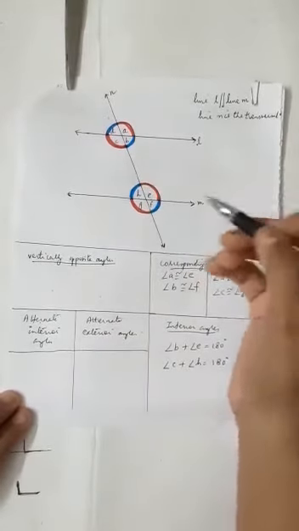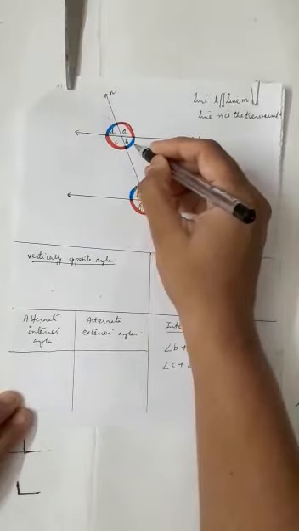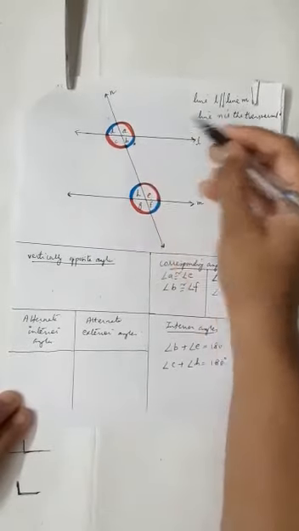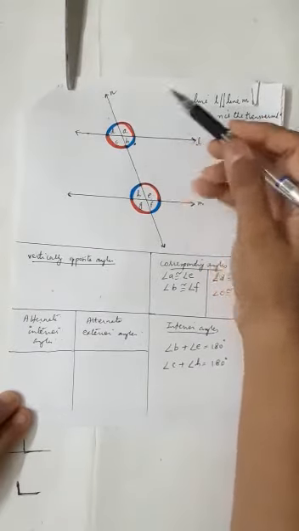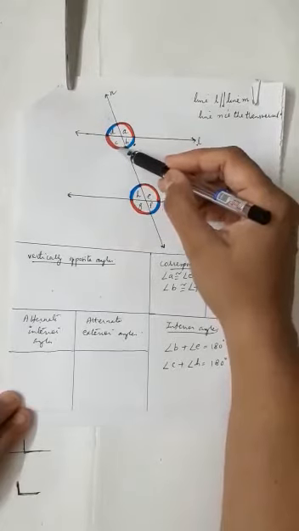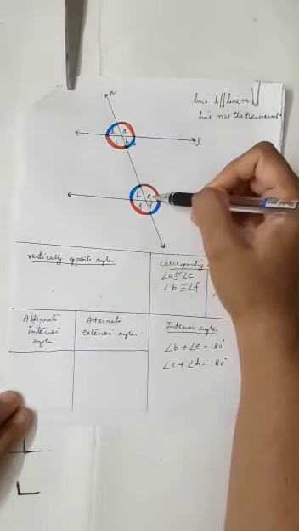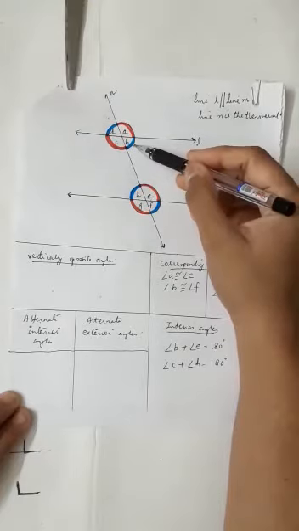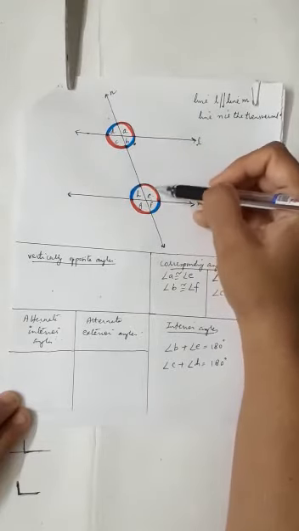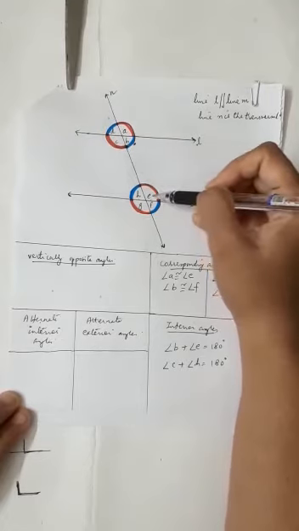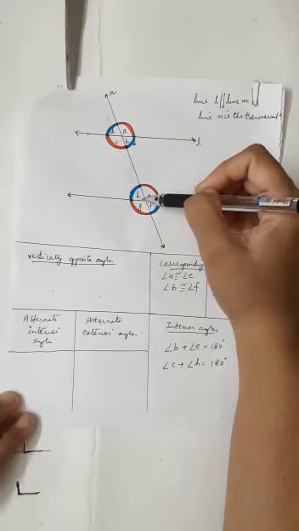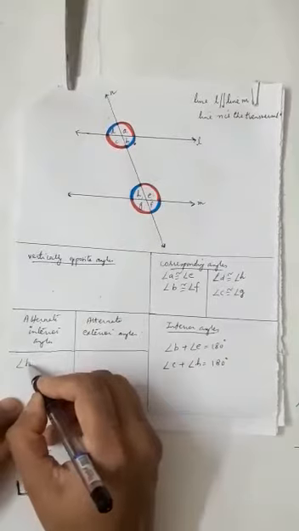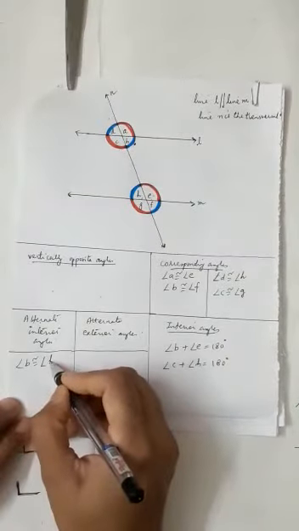If I consider angle B, the angle immediately next to B along this side is C, and along this side it is E. So C and E I cannot take. Then which angle is left? Angle H is left. So angle B is congruent to angle H.